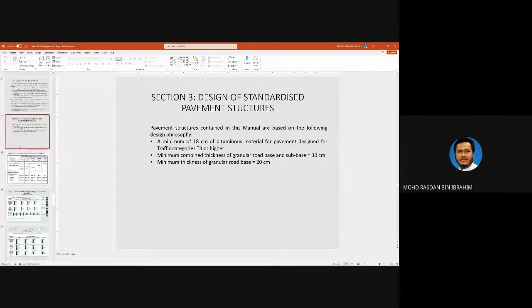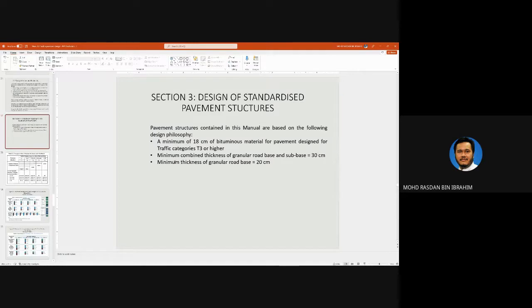So this is the design philosophy for the pavement structures. In this manual, you have a minimum of 18 centimeters bituminous material for traffic category T3 or higher. The minimum combined thickness of granular road base and sub base is 30 centimeters.